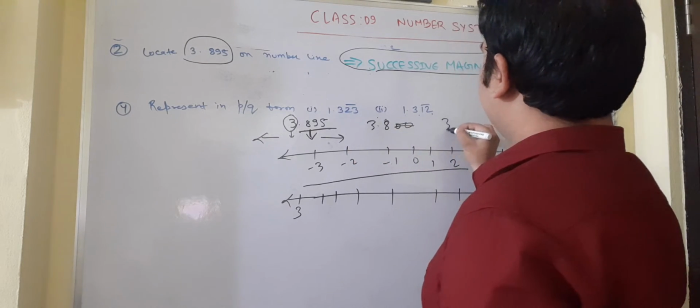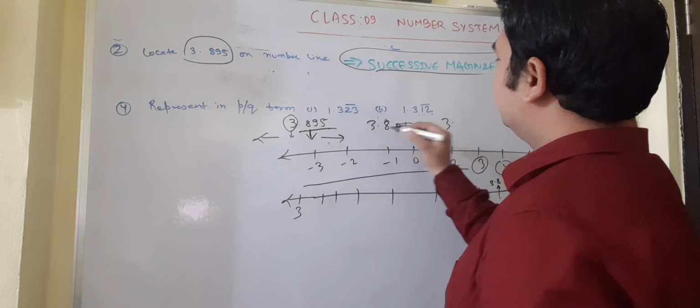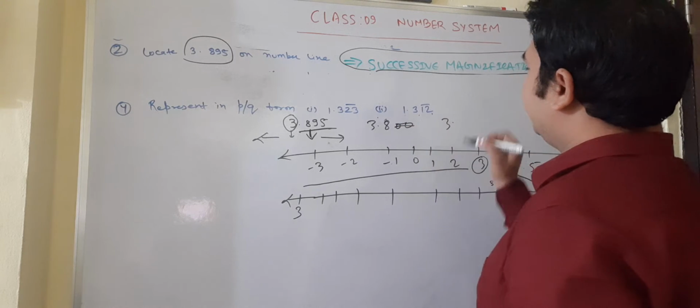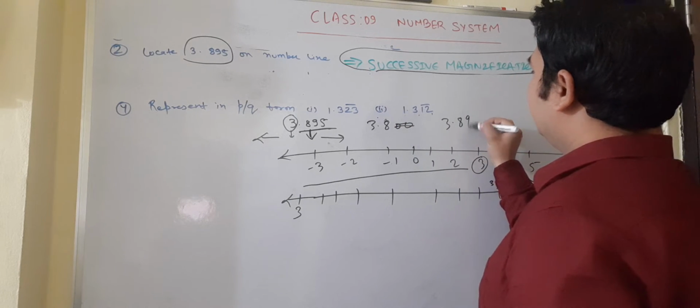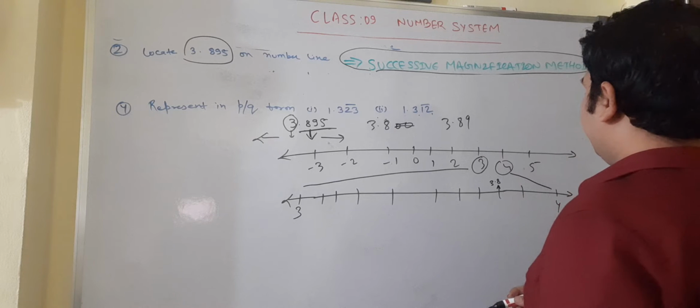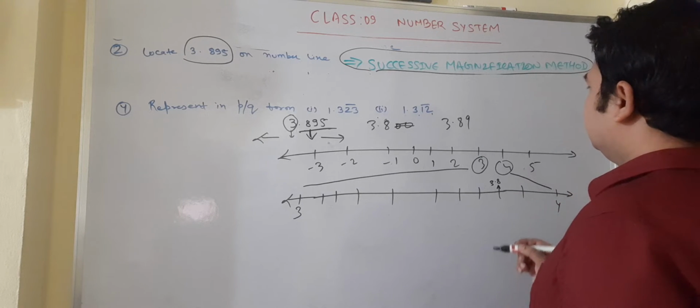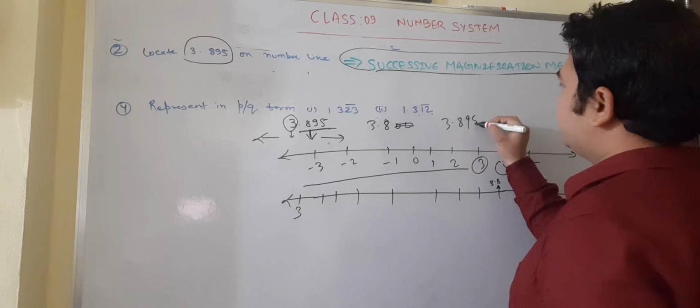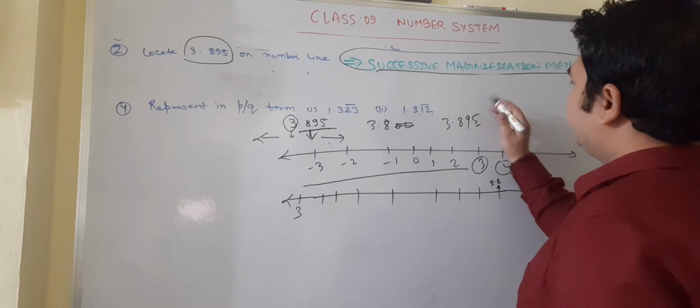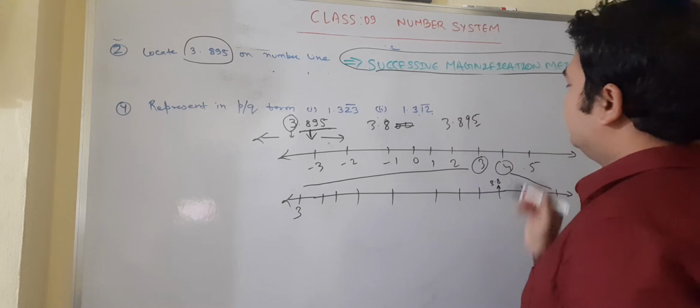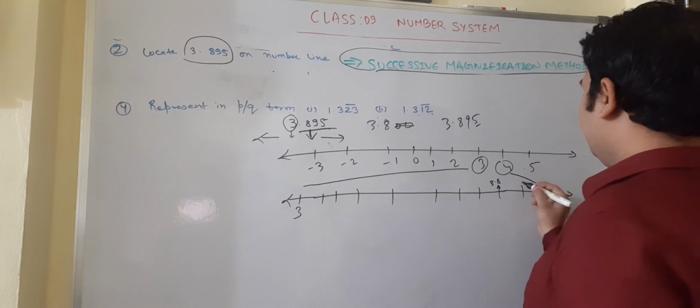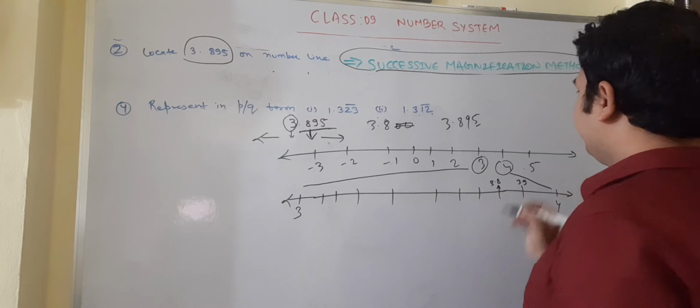Now see, it is 3. One by one you have to go. First you saw 3, then you saw 8, then 8, 9. Where will 8, 9 lie? 8, 9 also has a next digit, that is 5. This is not completely 3.890. So 3.8 is here and 3.9 is here.